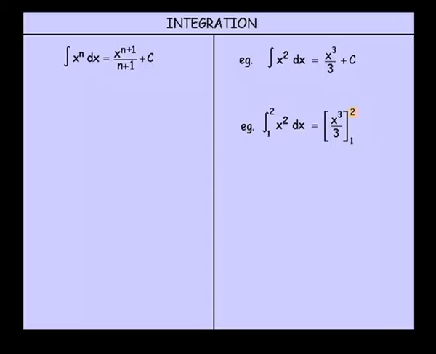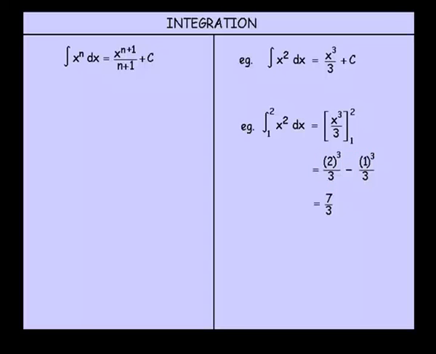Firstly, we're going to substitute the 2 where we see x. So we'll have 2 cubed over 3. Then we subtract. And then we're going to substitute 1. So we put that in, we get 1 cubed over 3. Very good. At this stage then we just simplify that small subtraction there. End up getting 7/3.